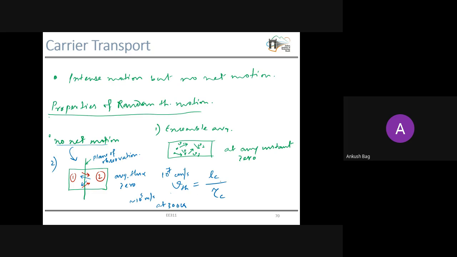So now this Lc, the mean free path, is of the order of 10 to the power minus 5 centimeter. This is the distance between two collisions. Now if we see these two figures, what will be the tau c, that means the mean free time? You can easily guess, it will be of the order of 10 to the power minus 12.